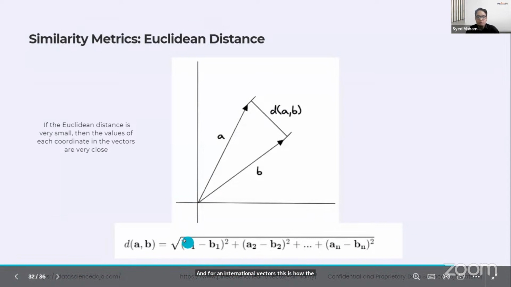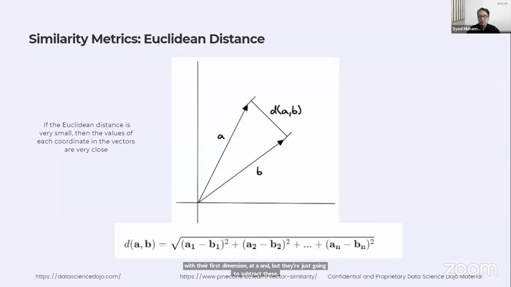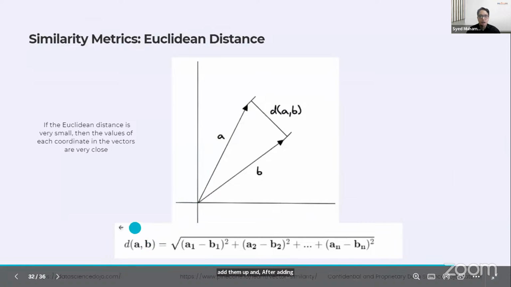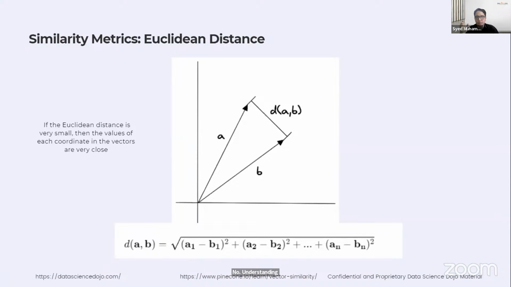So we have vector A with its first dimension, vector B with its first dimension. Similarly for each dimension, we're just going to subtract these, square the differences, add them up, and after adding these, we'll take a square root, which will be our Euclidean distance. Now, understanding Euclidean distance is very simple.